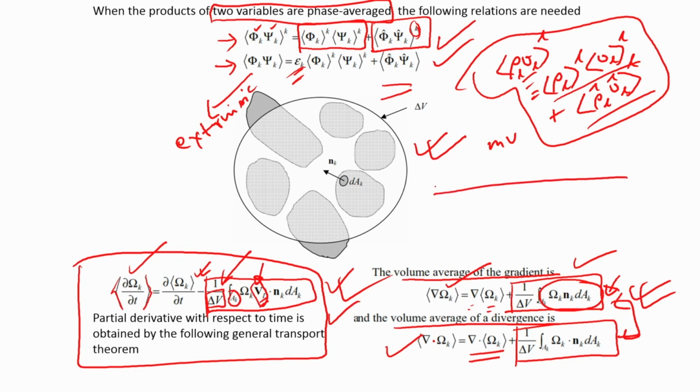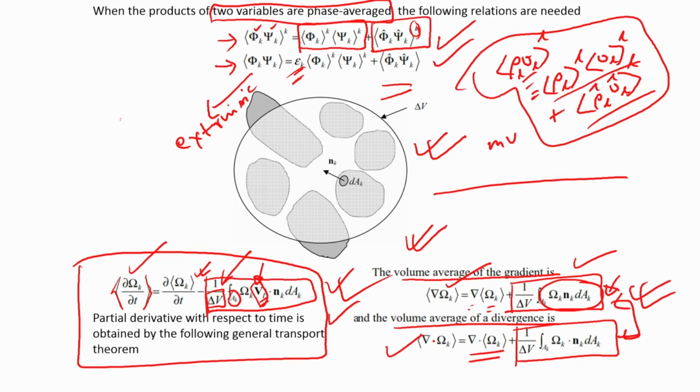Now we have to start looking at how we can write the generalized equation, like the volume averaged multifluid models, and how we can use these rules to formulate those equations.